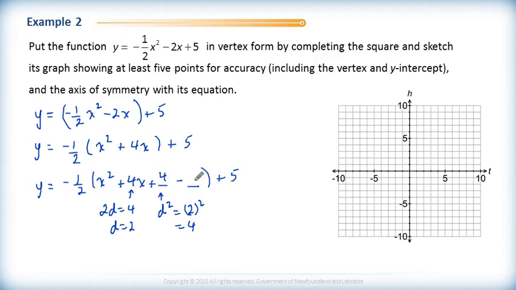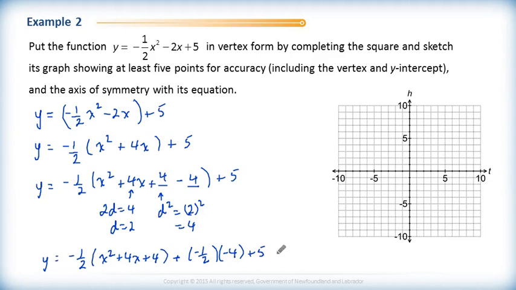Whatever I add in, I've got to subtract off. Therefore, I've got y equals negative a half outside of, keep the perfect square trinomial part inside, x squared plus 4x plus 4. The minus 4, before I can move it out, I've got to multiply it by the negative 1/2, plus the 5 that was already out there.